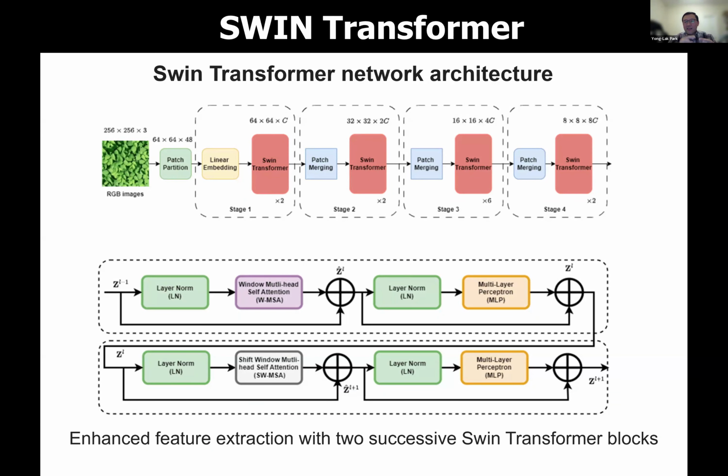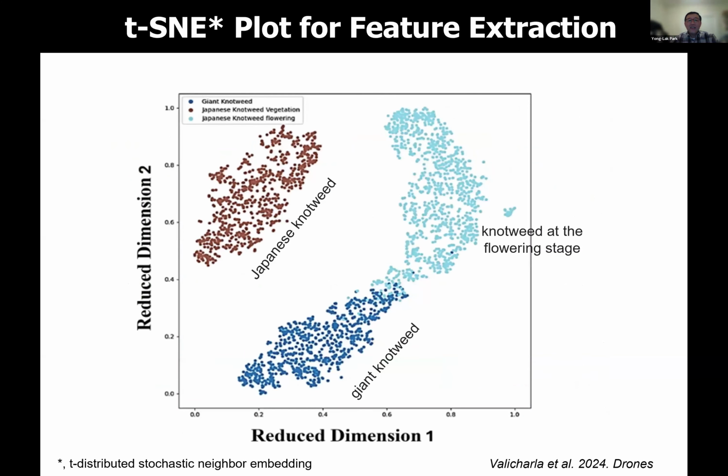It can handle high resolution images and different scales or spatial scales of data. So this is a really good way. It is more computer intensive and memory intensive, but it still works for our Japanese knotweed and giant knotweed detection.